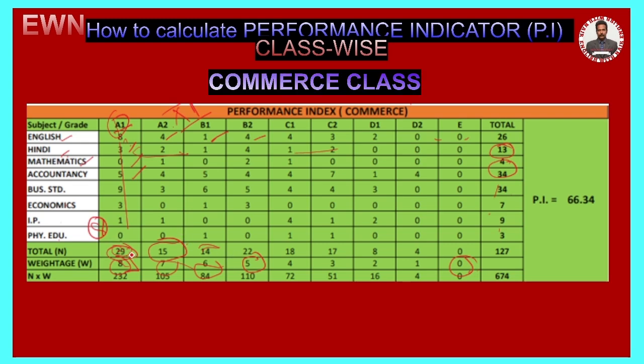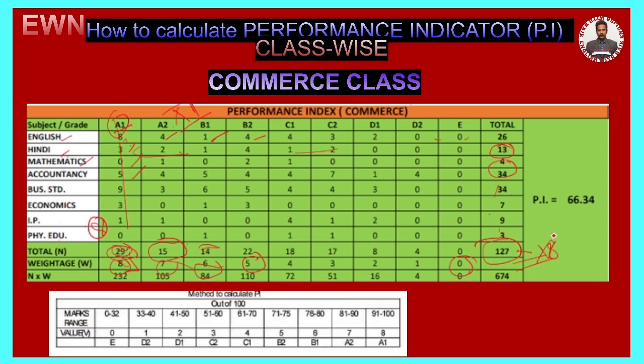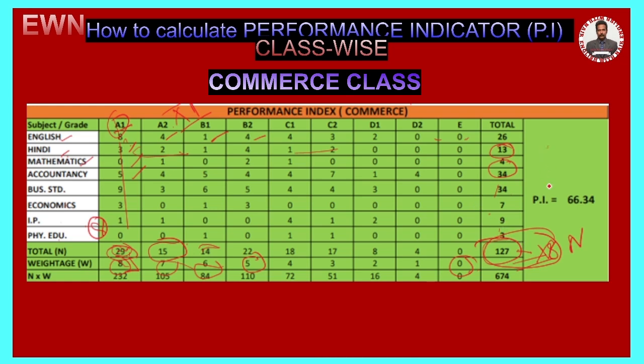So when we multiply this number of students into the number of subjects, then it will become N, right? So in one sense, now we are adding all these things, then it is 127, or we can do otherwise, 127 into 8. This will be N, it is 127 into 8.